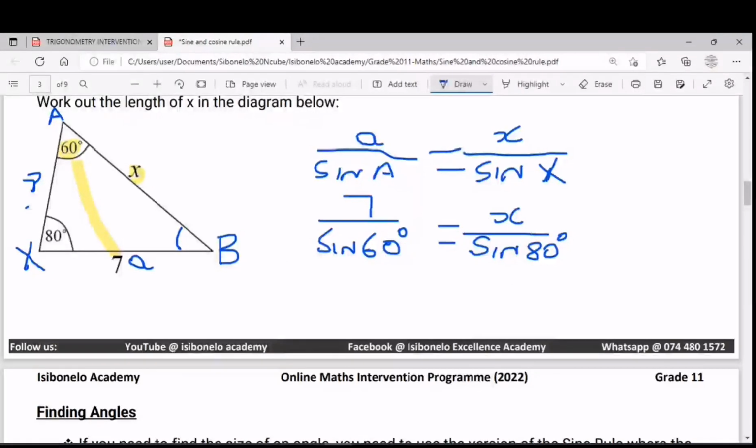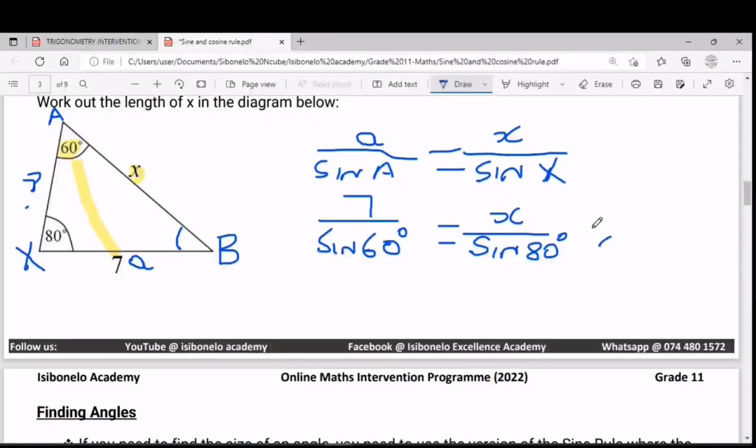To solve for x, what must we do? We cross multiply. The easy way is to multiply by the denominator of this fraction, so that the sine 80 cancels out. What we do on the right we also do on the left.